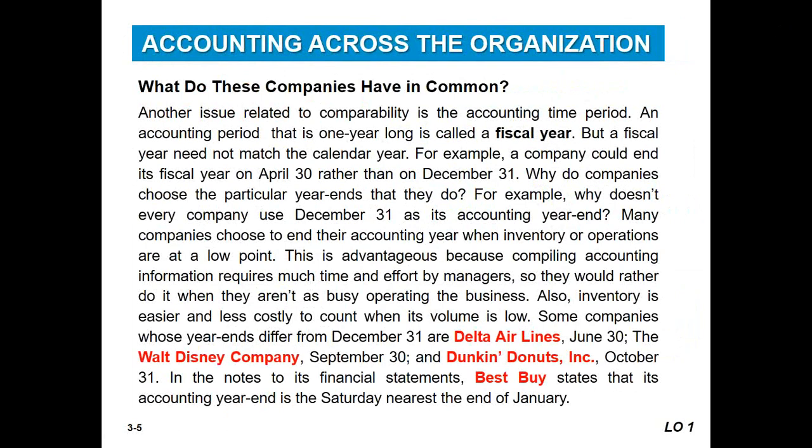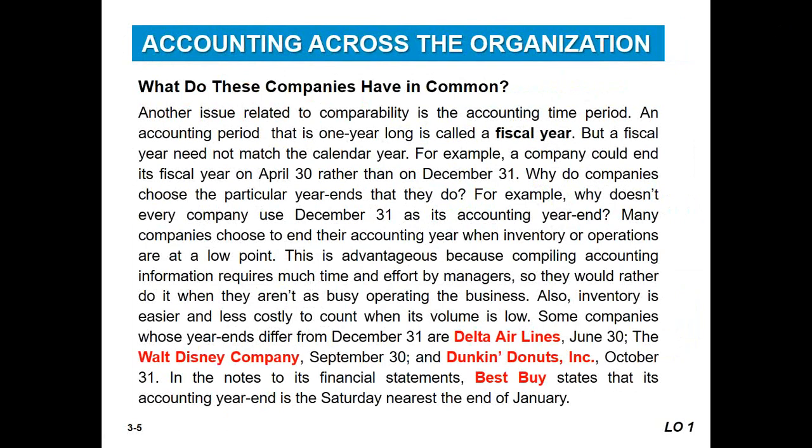Think about a toy store trying to close their books on December 31st when they've just come off of 3 months of the busiest time of the year. So choosing an appropriate year end is important.